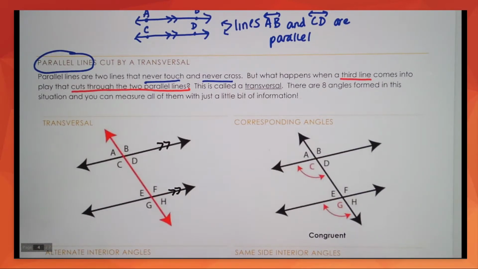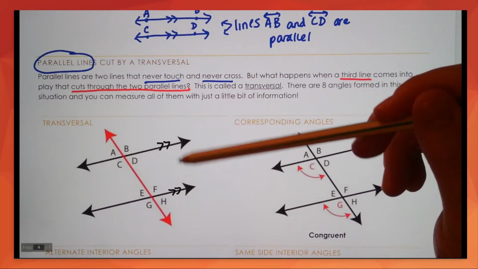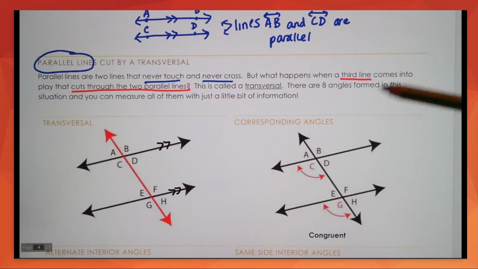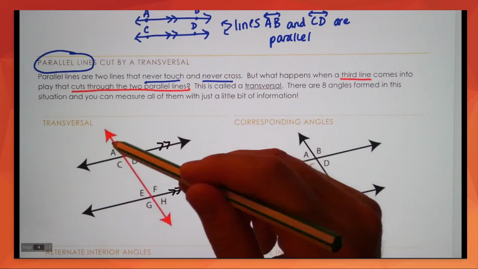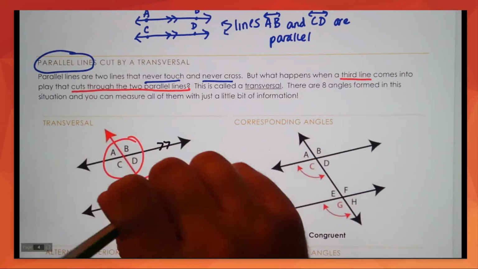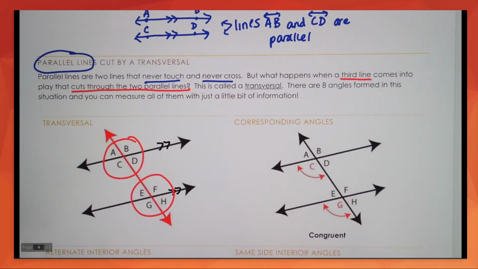Because these are parallel, and this is the same one line cutting through both of them, there are things that we can say about the relationships between these angles, in terms of which ones are going to be the same measurements, which ones are going to be supplementary, and so on and so on, okay?